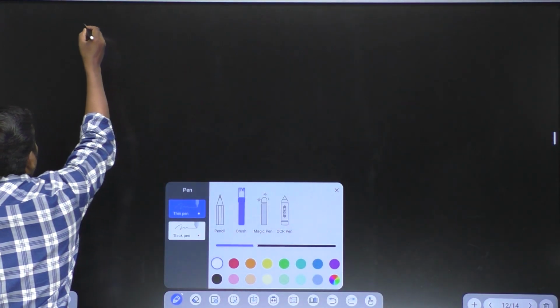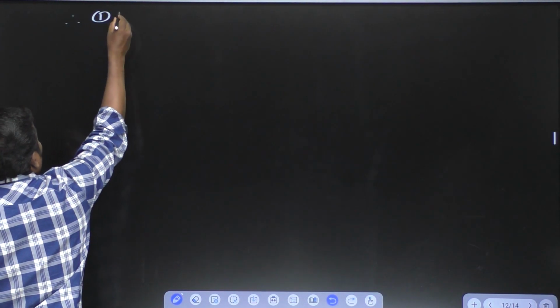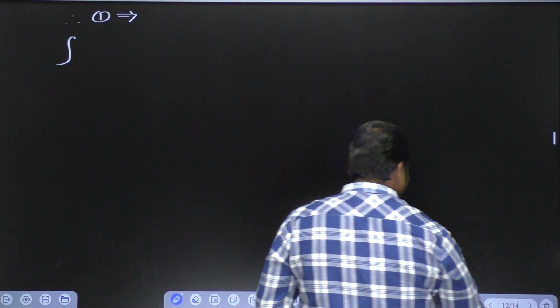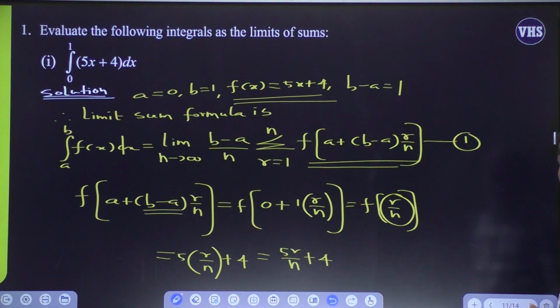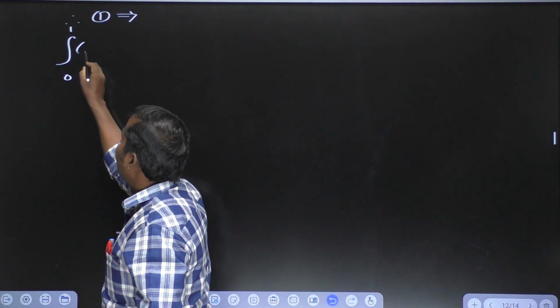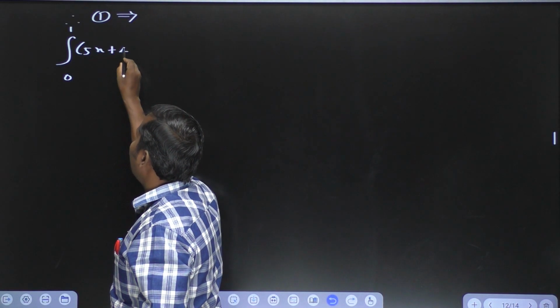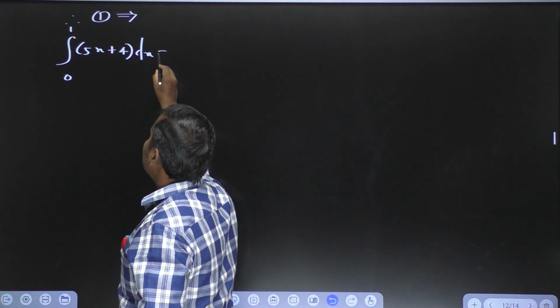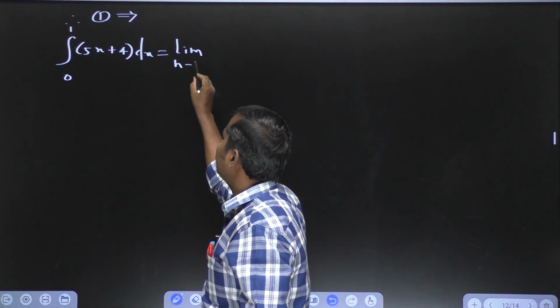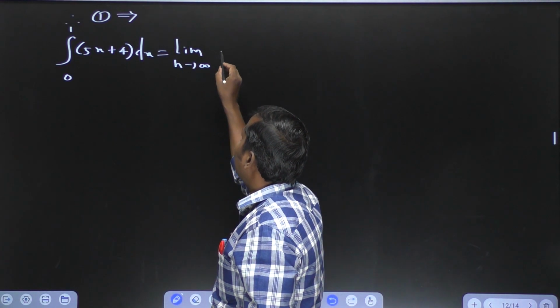Therefore, equation 1 certainly implies the integral, what is the problem? Integral from 0 to 1 of (5x + 4) dx, which is equal to the limit as n tends to infinity of (b minus a) times 1 by n.